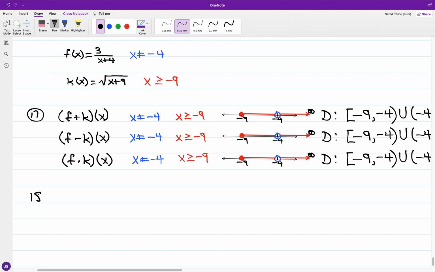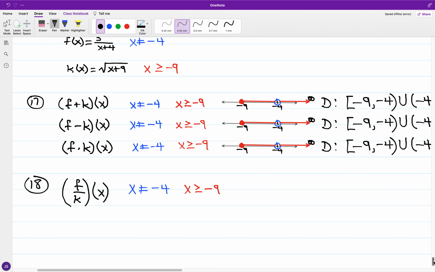Now in the case of the quotient function, these are the restrictions we have so far. I had to be able to work with f of x. So again, x cannot be -4. And we have, with not g of x but k of x, again, so far x must be greater than or equal to -9.